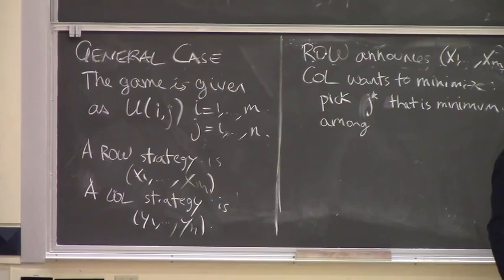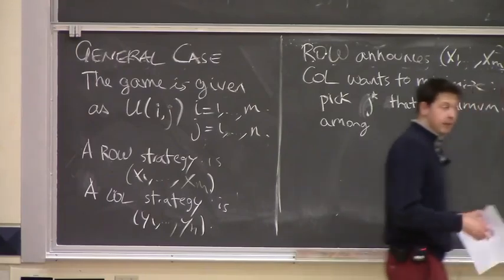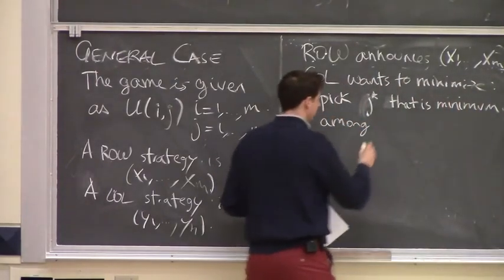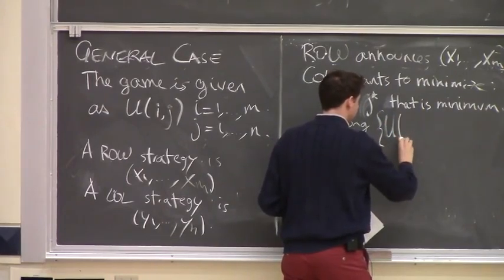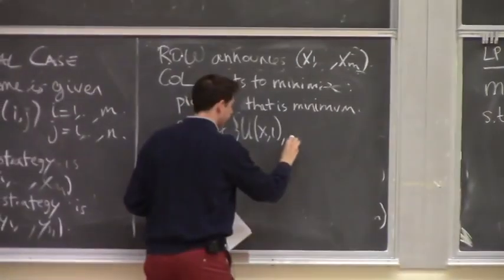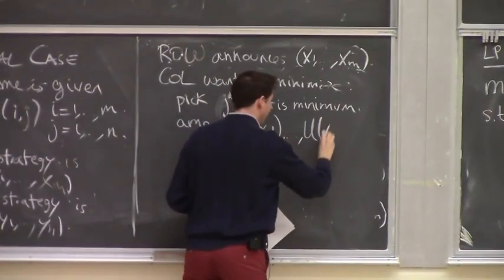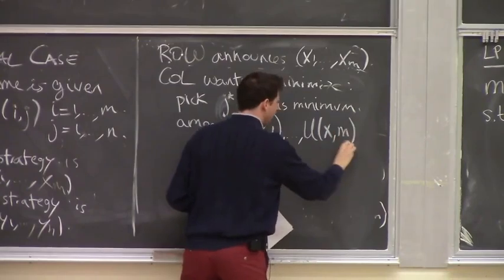That's one option. And then there's another one, right? That's another option. So here's a useful notation that you can use. He can say the minimum among u(x, 1) up to u(x, m).